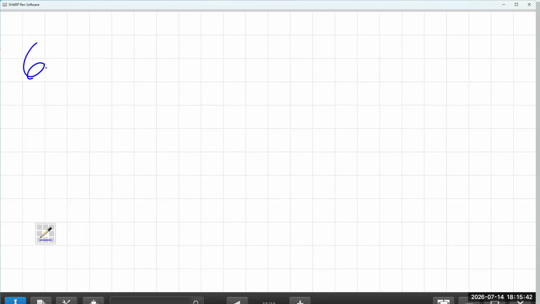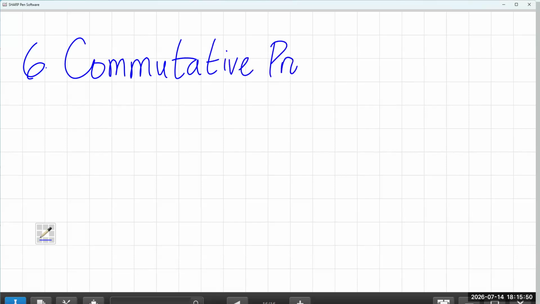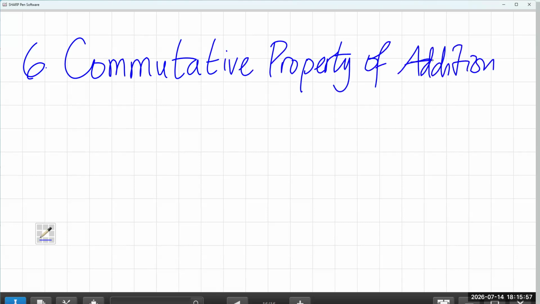let us do the commutative property of addition.